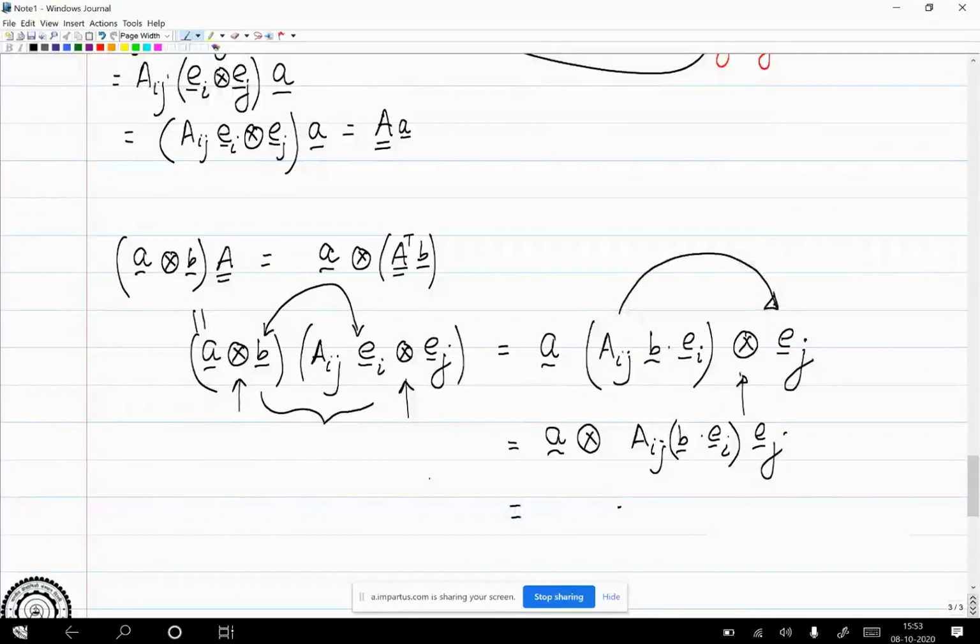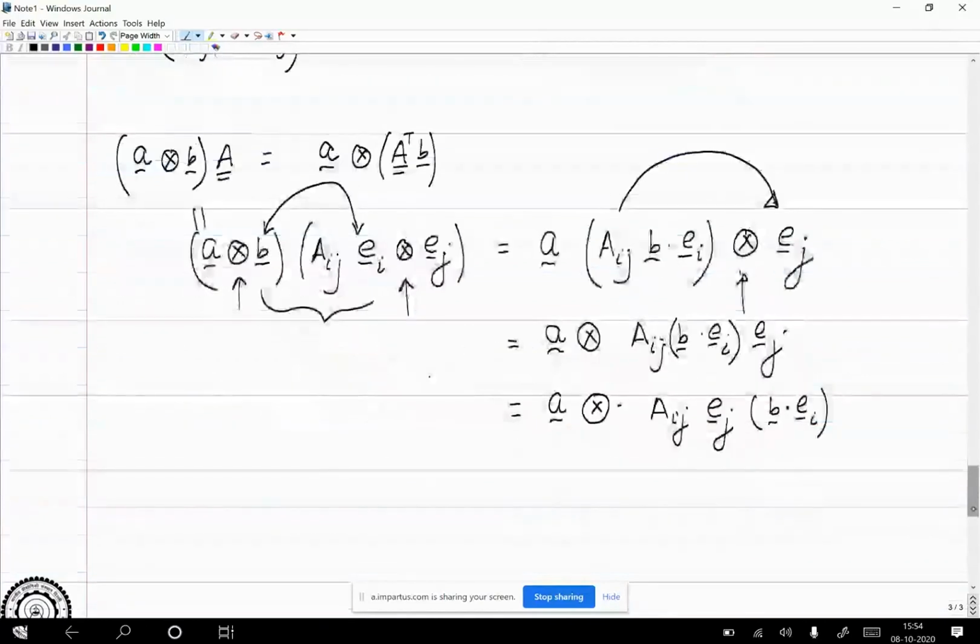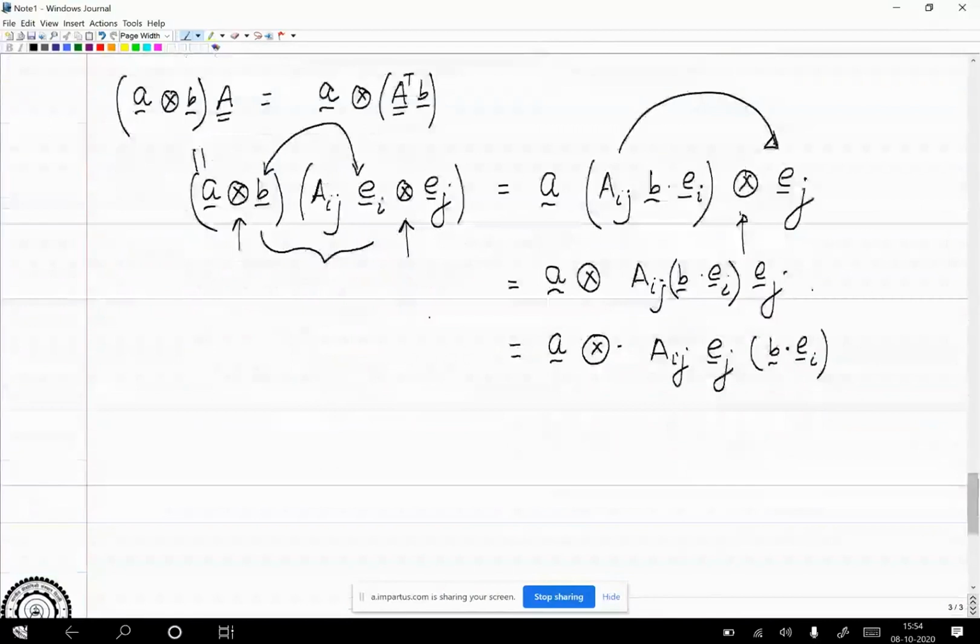So now, can we say something? Okay, you see, this is now also equal to A tensor product Aij Ej into B dot Ei. See, this is also perfectly fine. So I just moved the scalar after Ej. As I told you, scalars can be moved wherever you want.